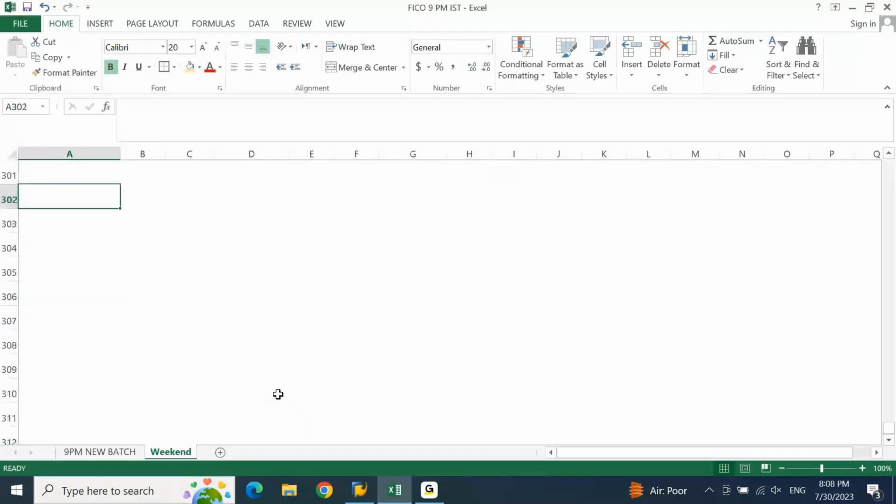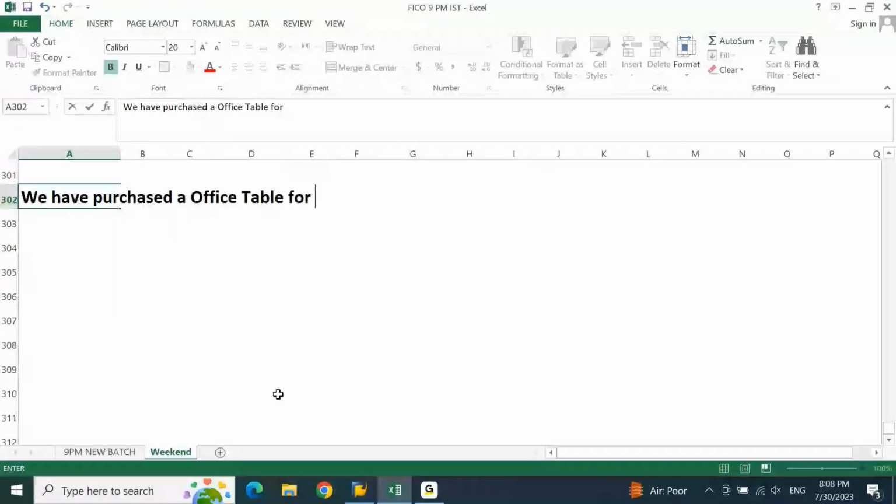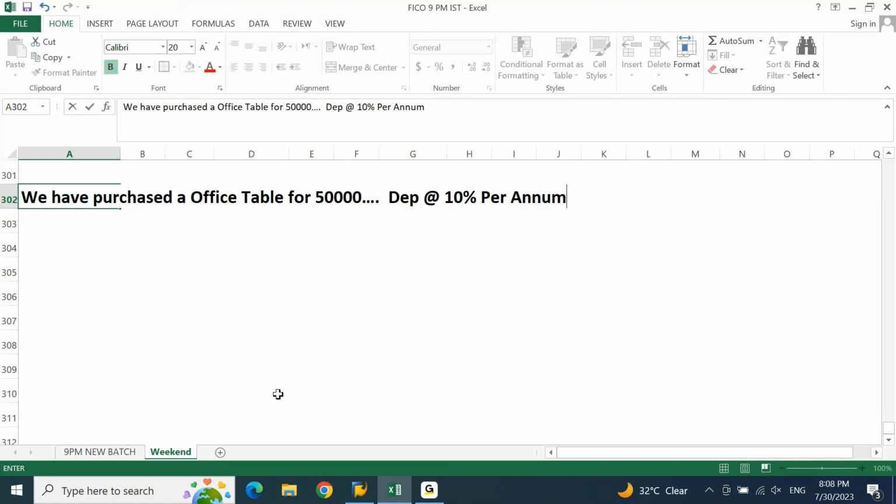Let's say we have purchased a furniture, an office table for 50,000. I'll put depreciation at the rate 10% per annum. Clear? We purchased an office table for 50,000, depreciation at the rate 10% per annum.